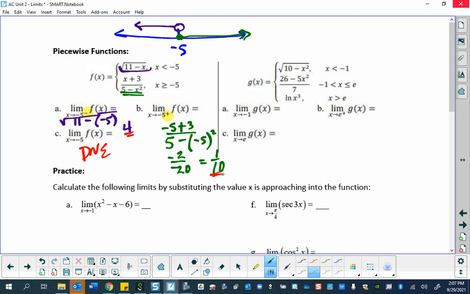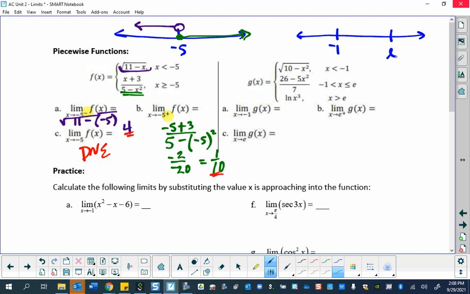So the next one, you're like, oh, it was all good till the e's got involved. So what we want to do is, again, if it helps you to draw a little number line above to have a story of your input values, you can. A number line is always just an x-axis. So we're talking about negative 1 as a value. We're talking about e as a value.